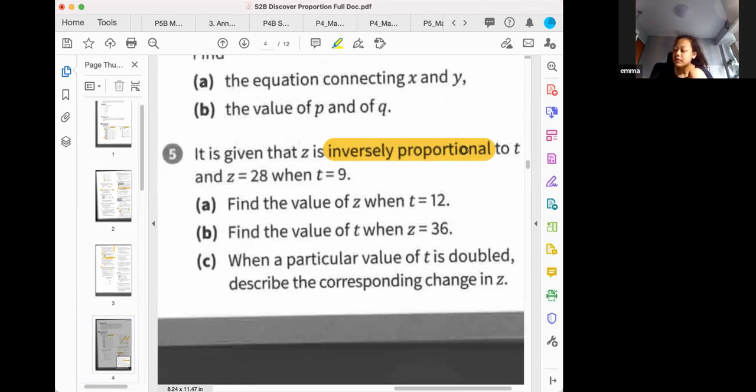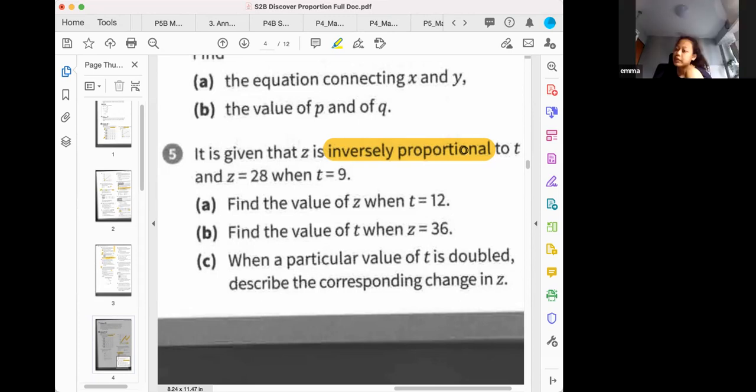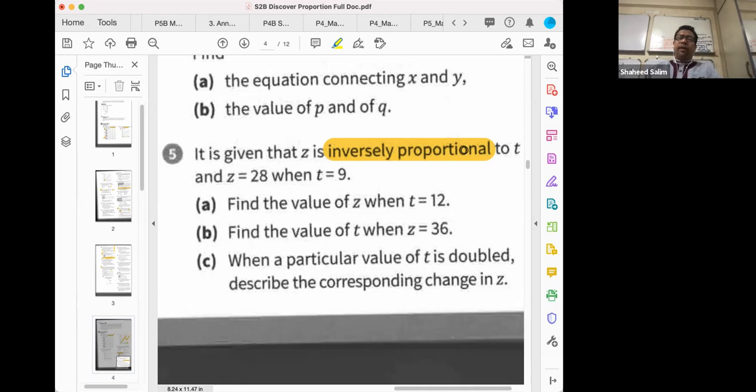A is 21.5. Well, 21.5 or 21. Okay. What is your K? 258. How you get 258? 29 times 28 times 9. No? You try again.